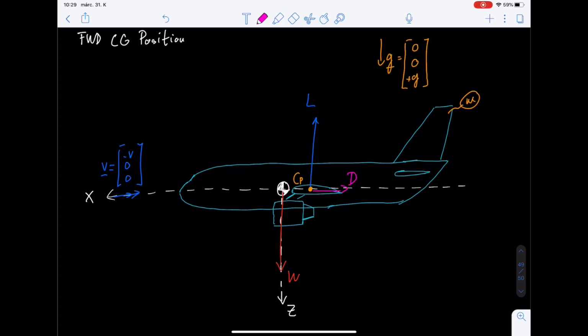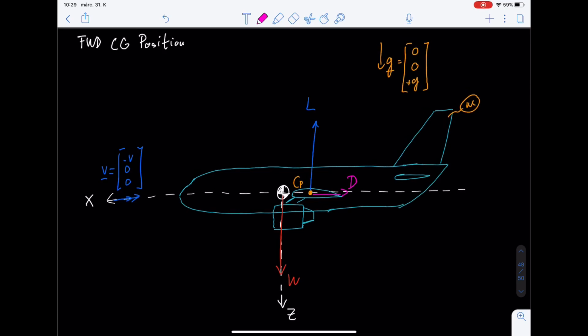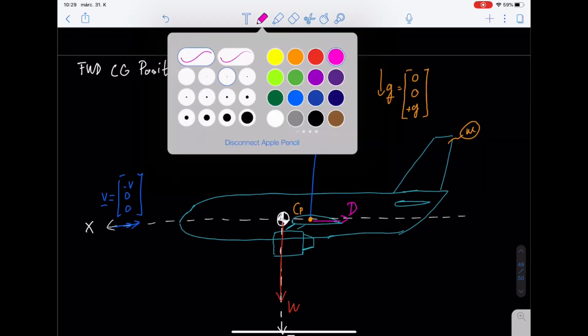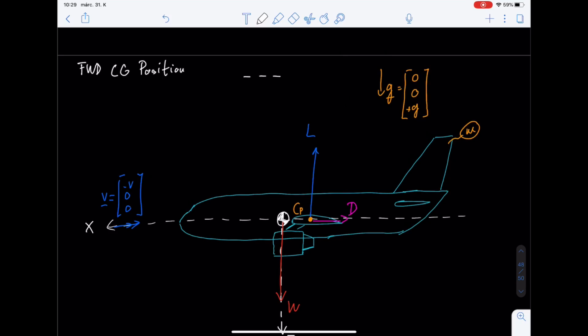So theoretically, we could examine this one: if the elevator control is non-deflected, if the elevator is not deflected, because this is a symmetrical airfoil.